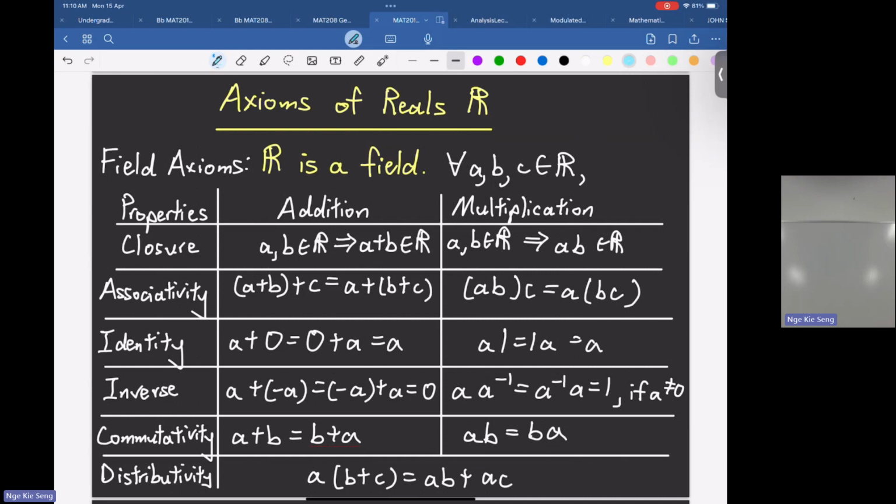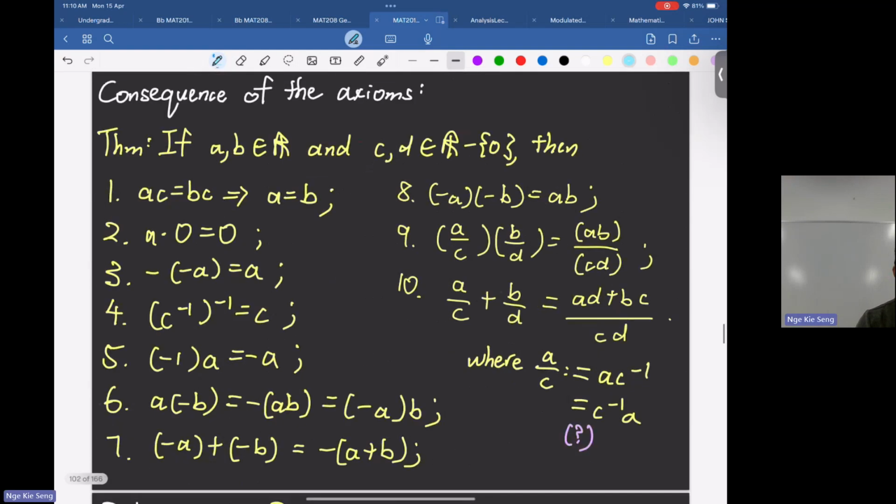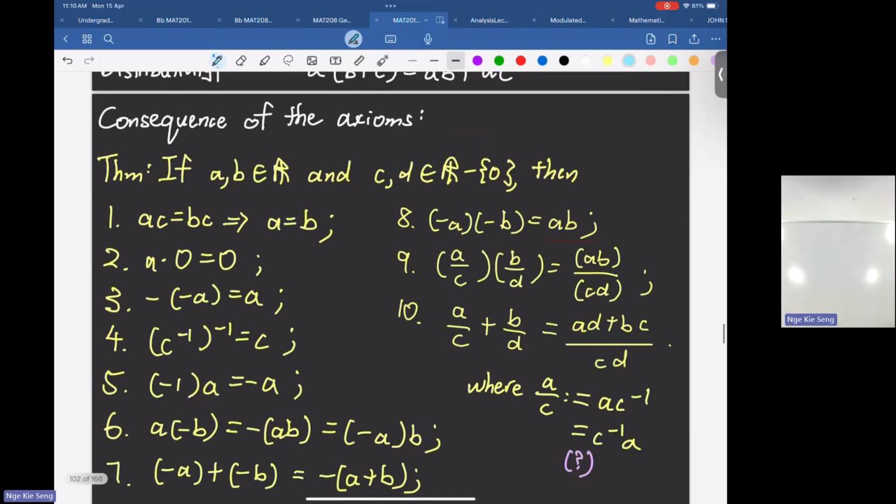Both of these form groups. And then from these axioms, last time we did some group discussion to prove all these consequences. Why can you do minus minus plus, minus plus minus, plus minus minus inside your arithmetic? Because of the field axioms.